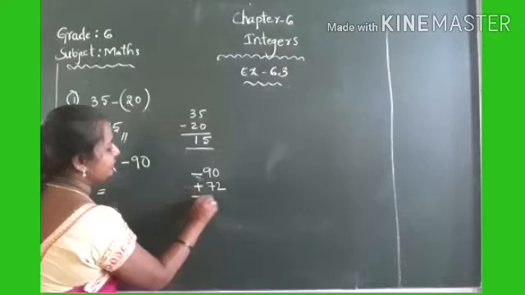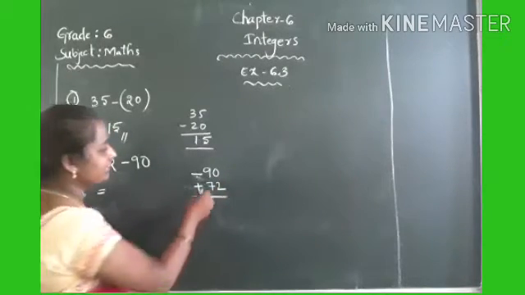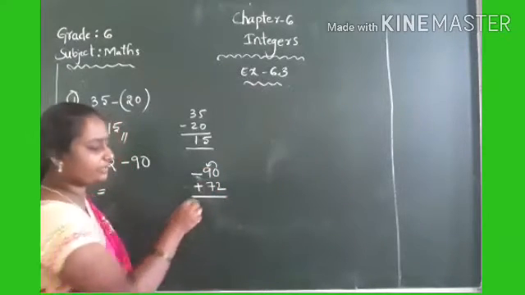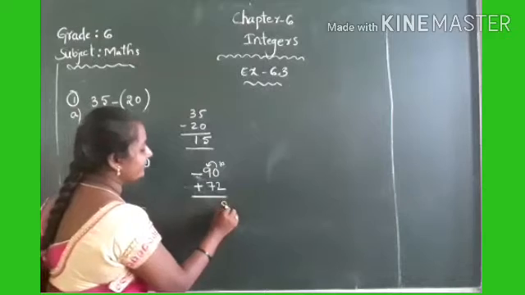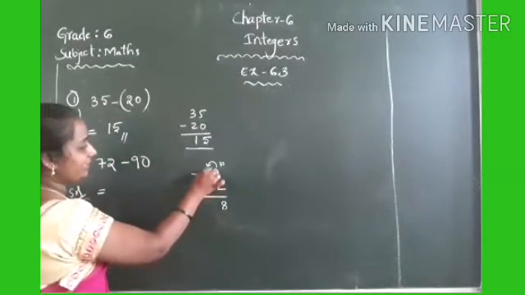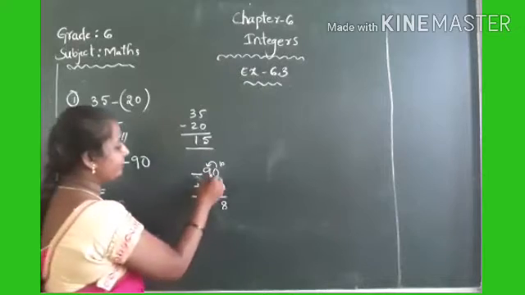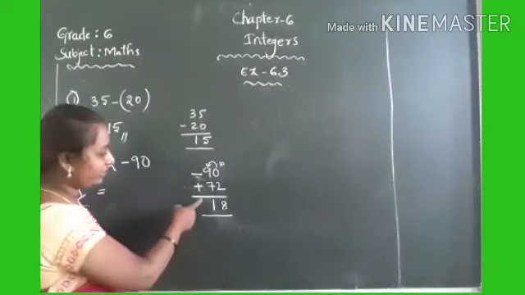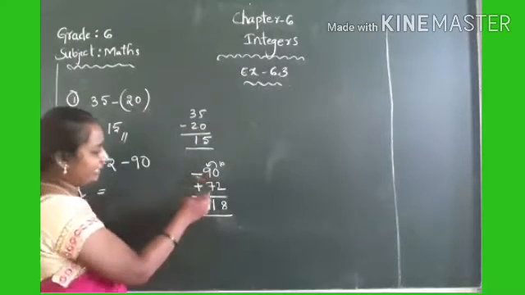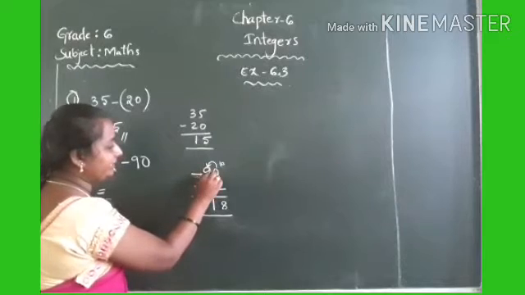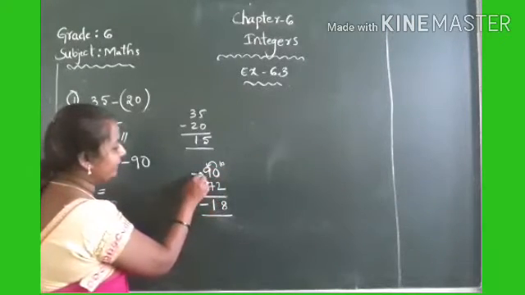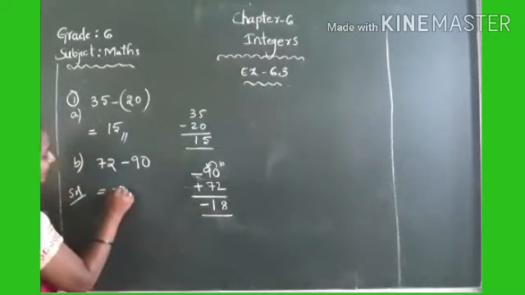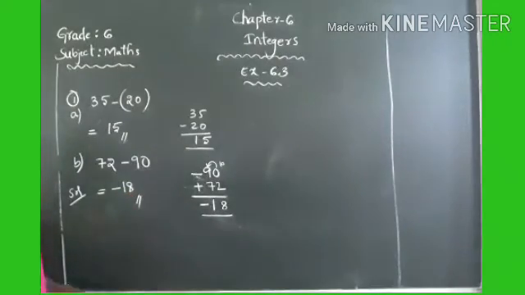Now subtract: 0 minus 2 is not possible, so take a borrow. It gives 10. 10 minus 2, 8. Next, 8 minus 7, 1. Now we have to remember which sign to give here. Yes, minus. Why? Because 90 is greater and in front of it is the minus sign. That's why you have to keep minus. Minus 18 is the answer.